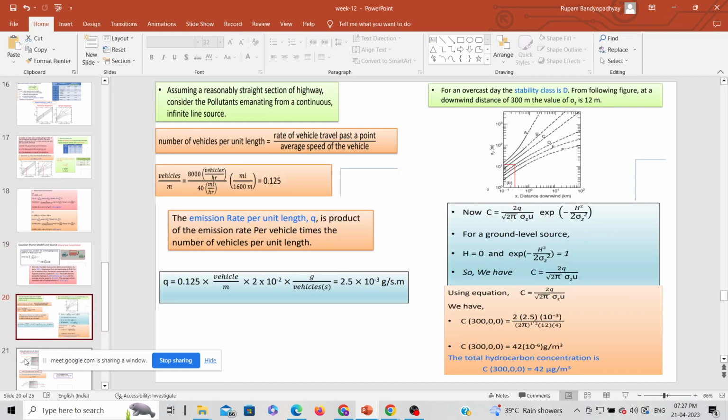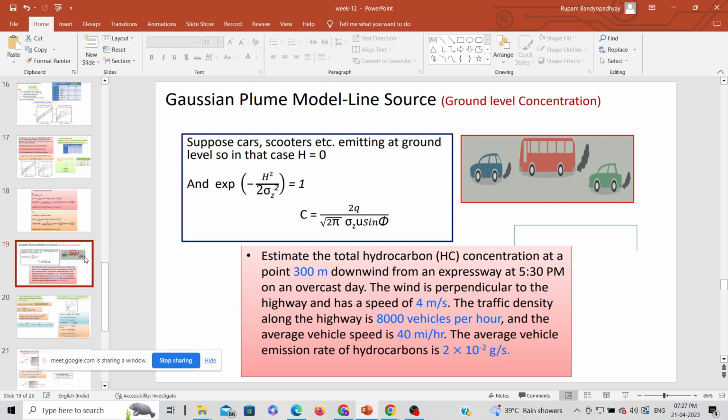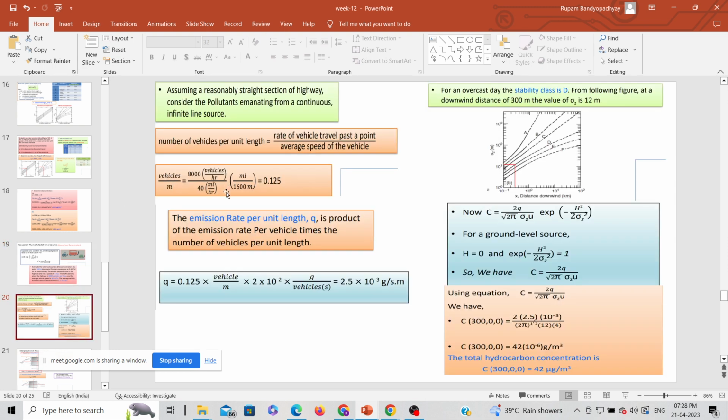If you see the calculation, the number of vehicles per unit length you have to calculate. So vehicles per meter, this was the number of vehicles, and this was the speed, vehicle speed 40 miles per hour. So per unit length, what is the number of vehicles you have to calculate.